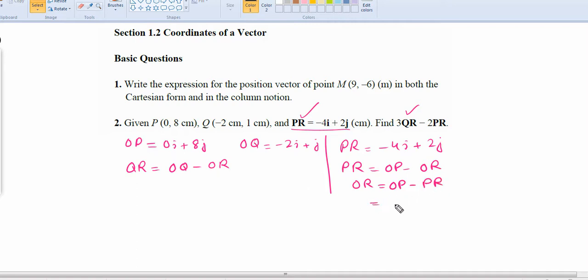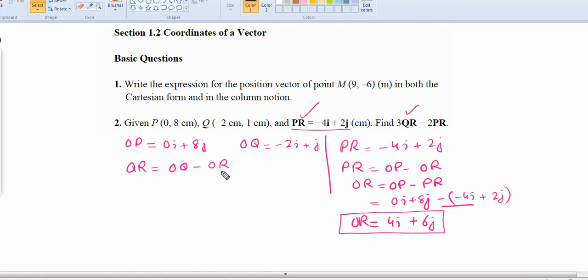OP is 0i plus 8j, and PR is negative 4i plus 2j. So it will become 4i, because 0i plus 4i is 4i, and 8j minus 2j becomes 6j. So OR is equal to 4i plus 6j.